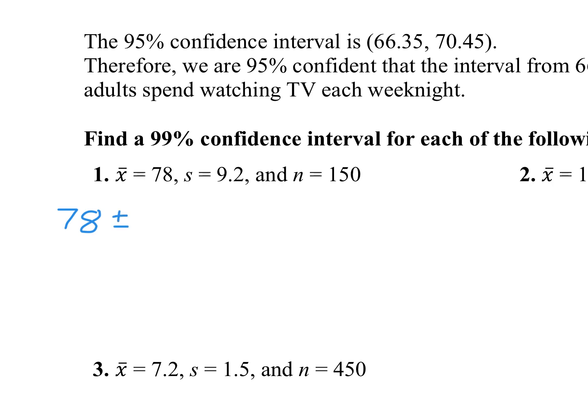And we just found that we want to go 2.576 standard deviations up and down, so I want to take my 2.576 and multiply it by the standard deviation. However, when you know the sample size, you take the standard deviation and you divide by the square root of that.